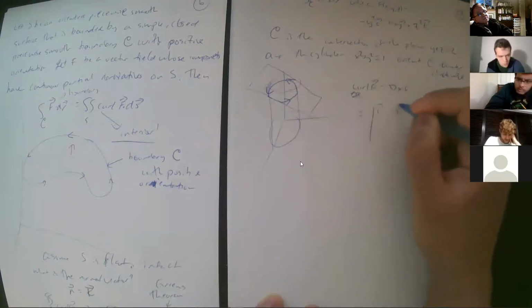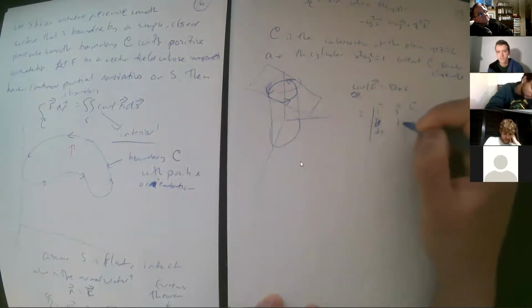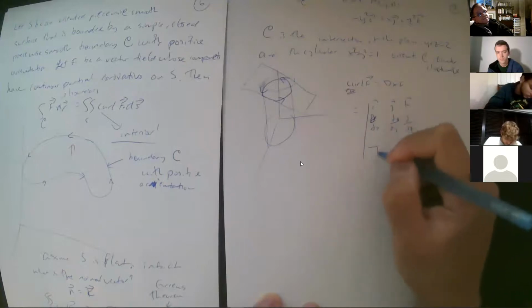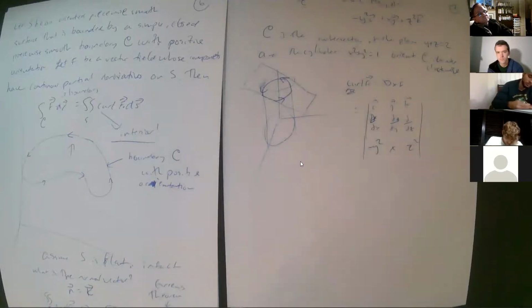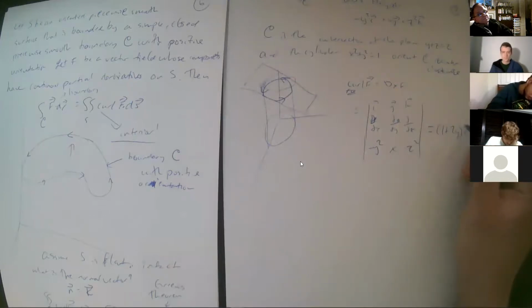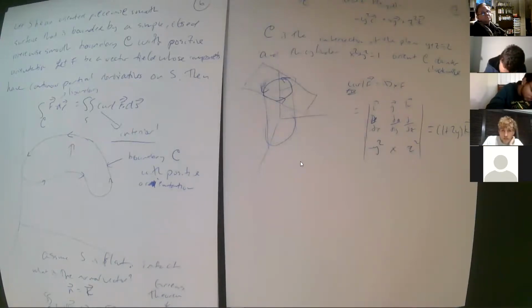This is i, j, k, d/dx, d/dy, d/dz, minus y squared, x, z squared. And then this gets you 1 plus 2y k if you do the computation there. Okay? So now we've got our curl.